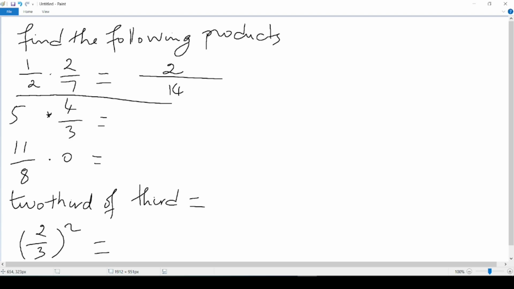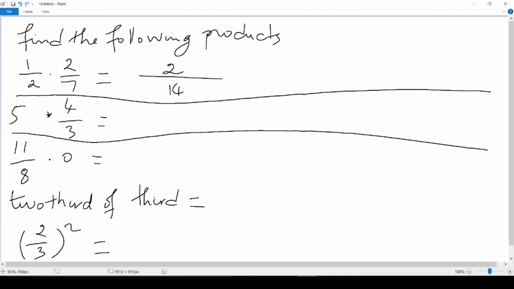So that's for the first one. For the second one, we have 5 over 1 times 4 over 3, right? And that will give us 5 times 4, 20 over 1 times 3, 3.